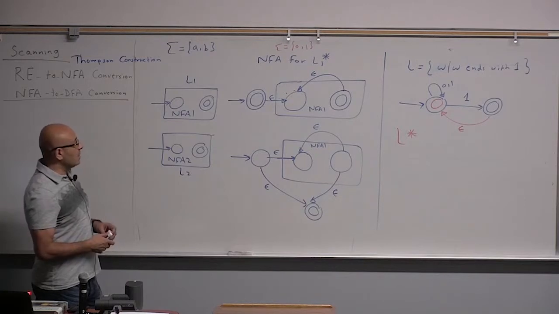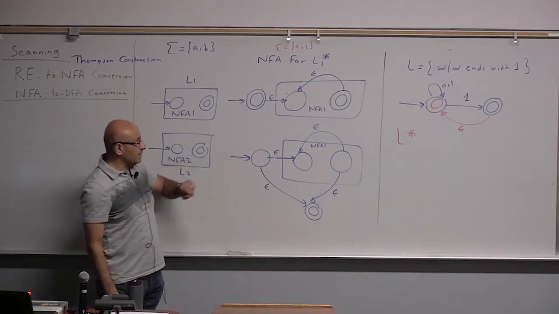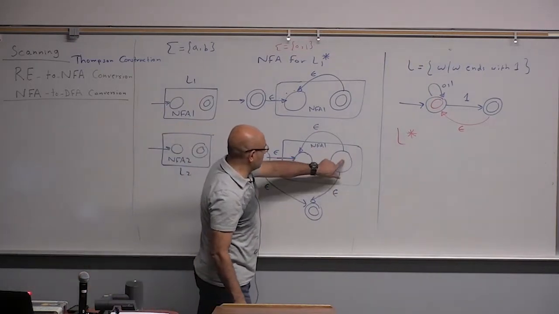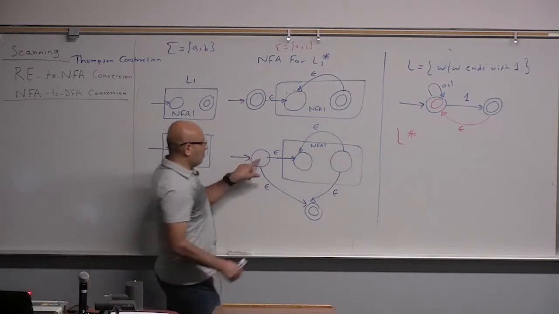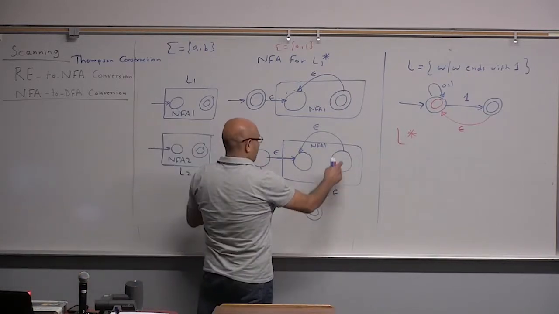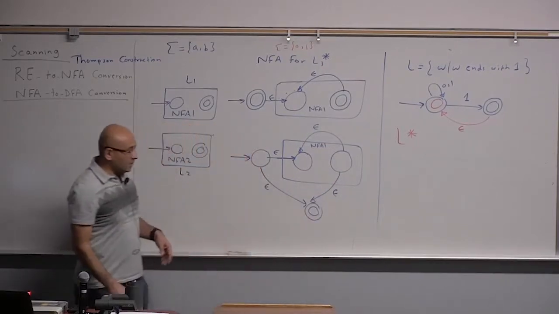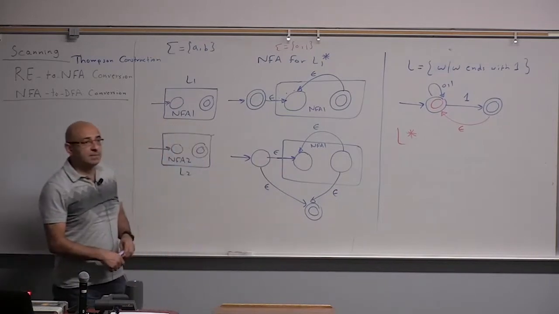Okay, so this is how I construct an NFA for the star. I introduce a new state, and then I add an epsilon transition from the accept state to the start state, and for both of these, the existing accept state and the new accept state, I introduce a transition from them to a new accept state.